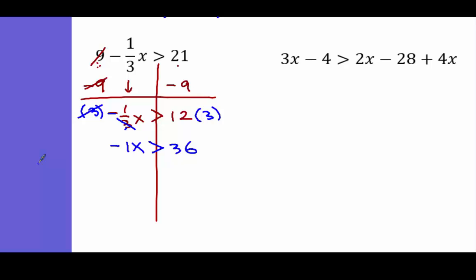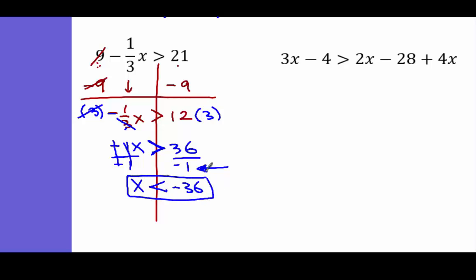Last, I will divide by the coefficient of x, which is negative 1. Since that number is negative, you have to flip this around, and that right there is your final solution.